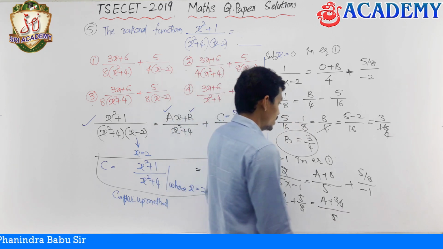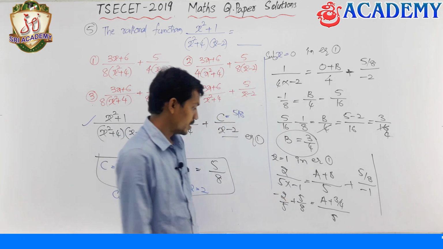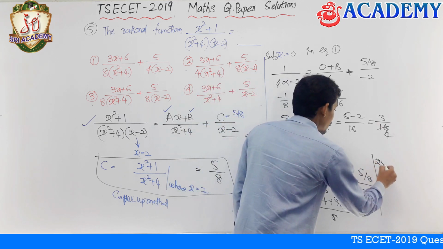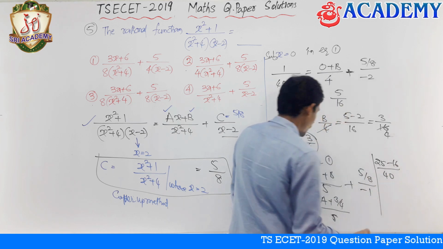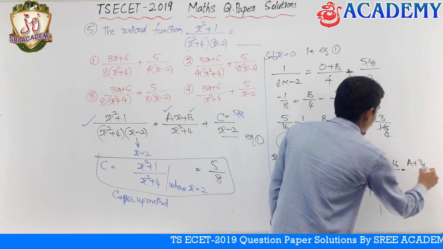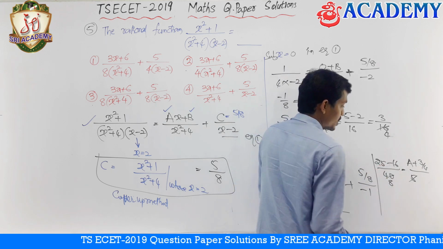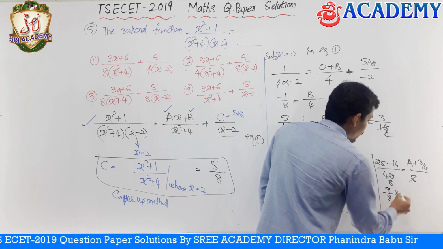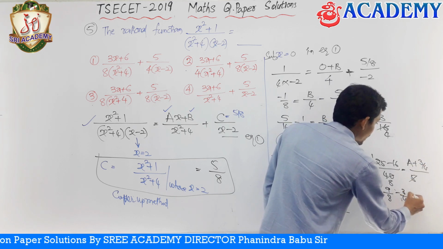Here, if you take an LCM, that is nothing but 25 minus 8 is 16 divided by 40 equals a plus 3 by 4 divided by 5. Once again here, if I take this 3 by 4 this side, minus 3 by 4 equal to a.